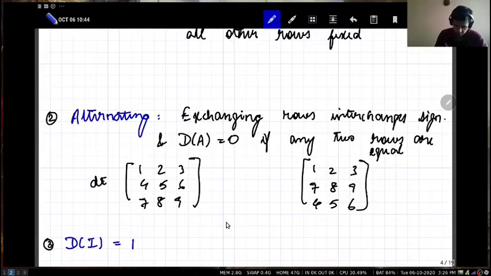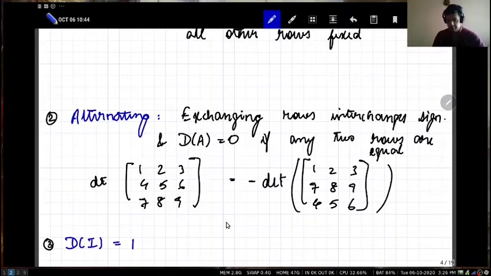Then the determinant of the matrix on the left hand side is equal to minus the determinant of the matrix on the right hand side. And also, if a matrix has two identical rows, then the determinant is equal to 0, and D of A is equal to 0. Right?